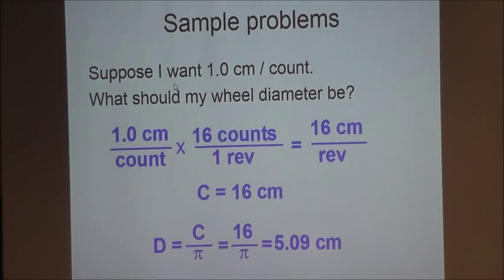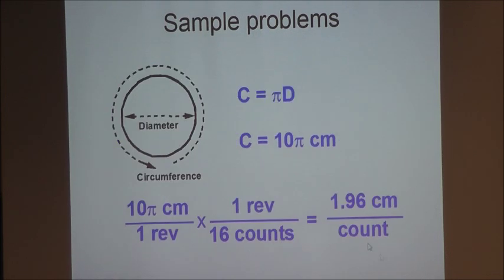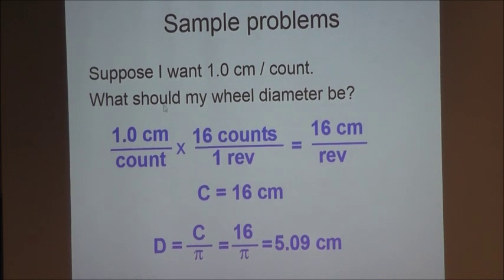Suppose we want 1 centimeter per count rather than 1.96. What should the wheel diameter be? Okay. 1 centimeter per count, 16 counts per revolution, becomes 16 centimeters per revolution. So the circumference of a wheel which you don't have yet should be 16 centimeters.